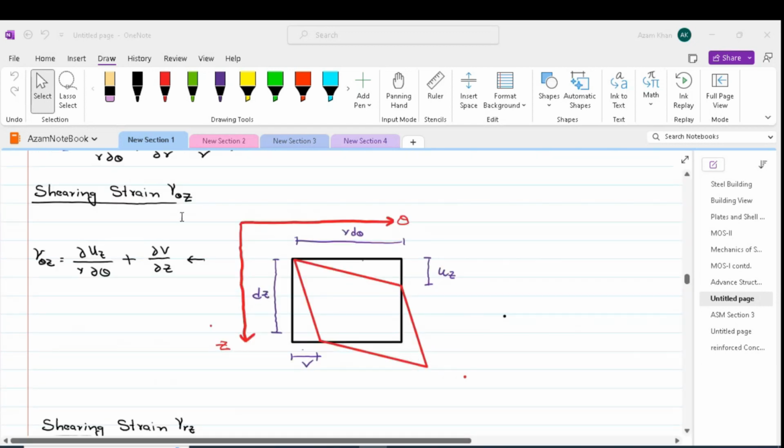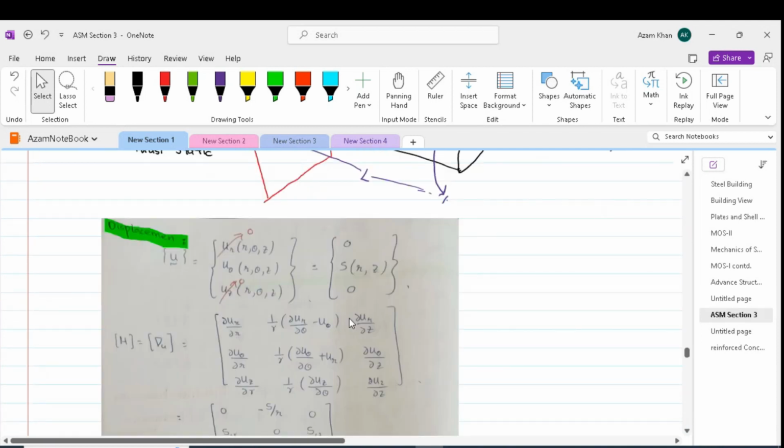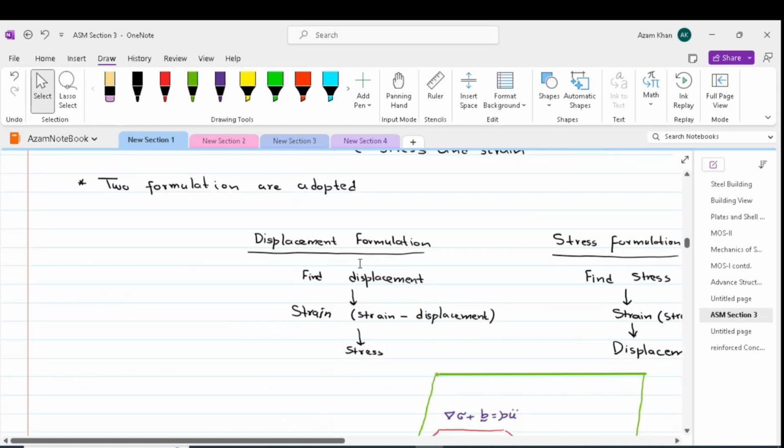The shear strain gamma theta z was worked out as partial uz by r partial theta plus partial v by partial z. Finally, the shear strain gamma rz was worked out as partial uz by partial r plus partial u by partial z. So in the case of displacement formulation, we have to first of all find out the displacements.